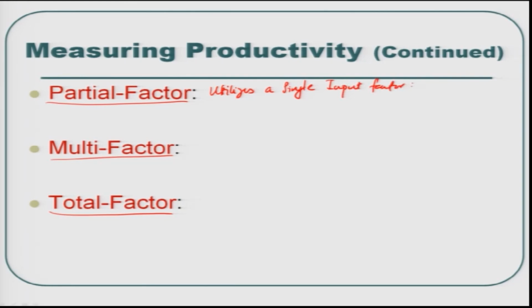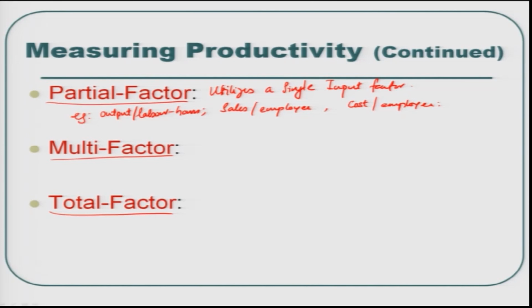Okay. So here what you are measuring, some examples of this are output per labor hour, or we can say sales per employee. Or you can think about it as cost per employee, something like this.